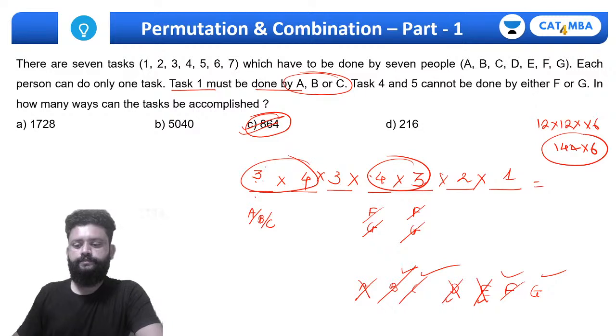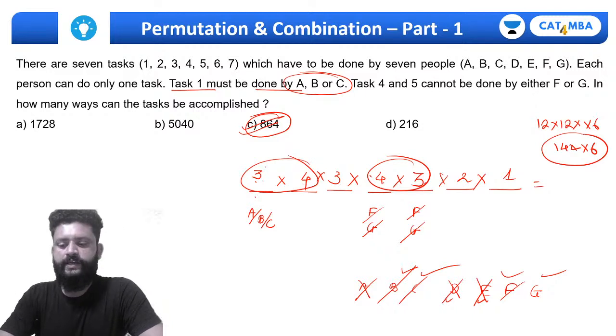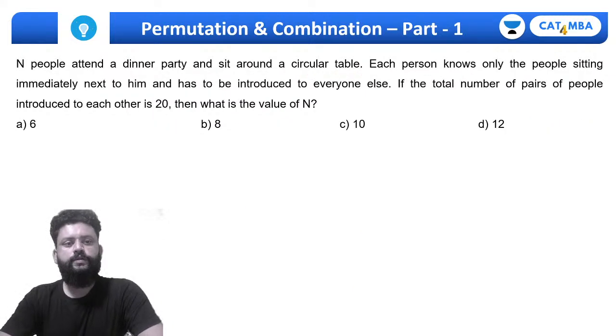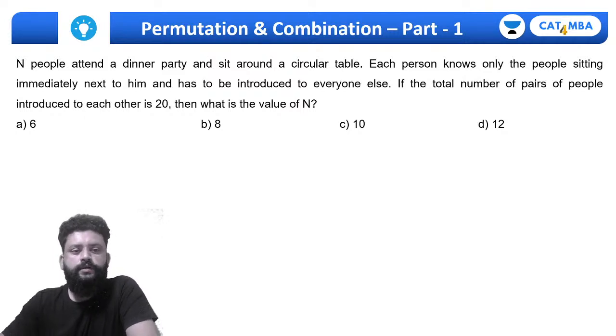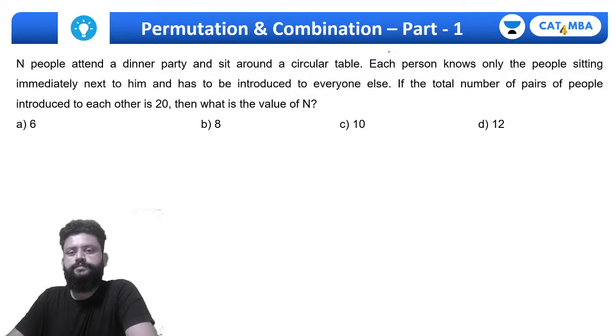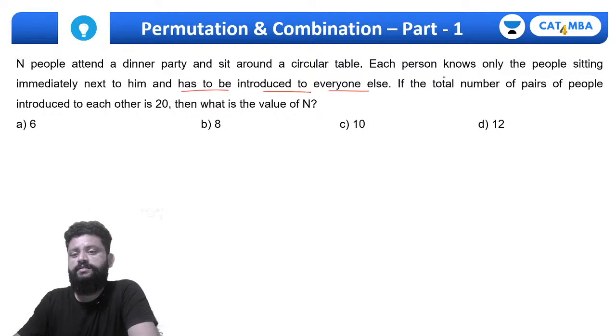Let's move to the next question. n people attend a dinner party and sit around a circular table. Each person knows only the person sitting immediately next to him and has been introduced to everyone else.